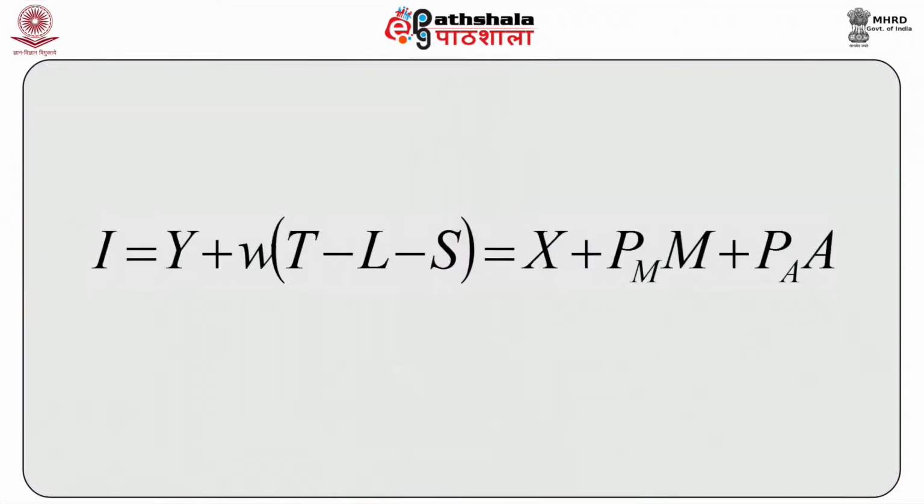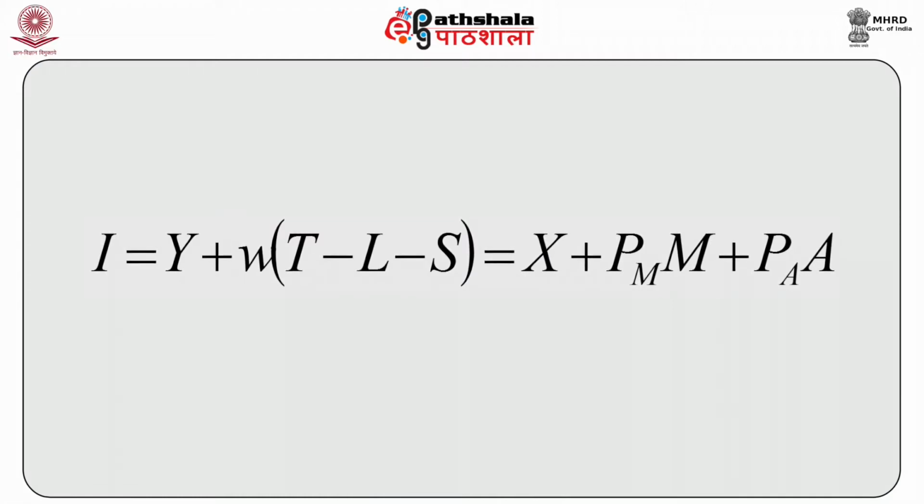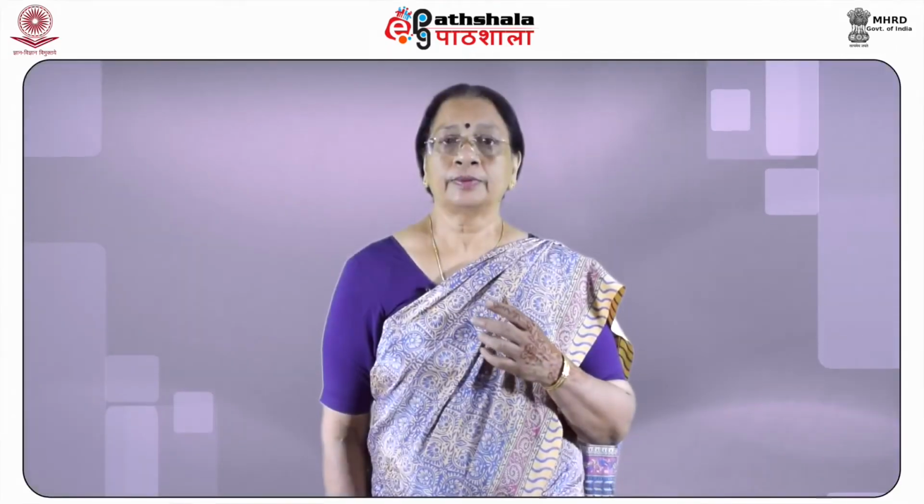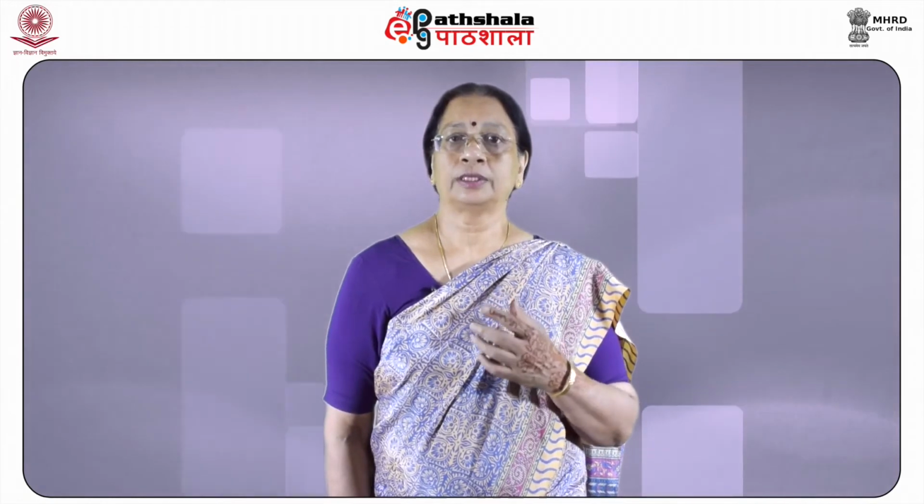I is equal to Y plus W times (T minus L minus S), which is equal to X plus the price of mitigating activities multiplied by the quantum of mitigating activities, plus the price of averting activities and the quantum of averting activities, where Y is an exogenous variable and denotes non-wage income.